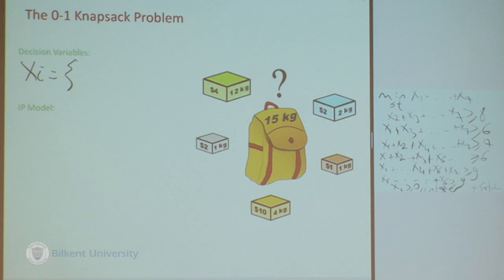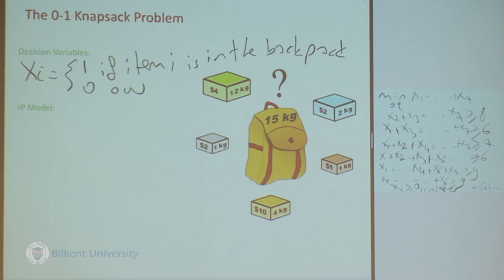So it's a binary variable: xi is 1 if item i is in the backpack, 0 otherwise. Those are called binary. As I said, it doesn't make sense to put 3 calculus books.